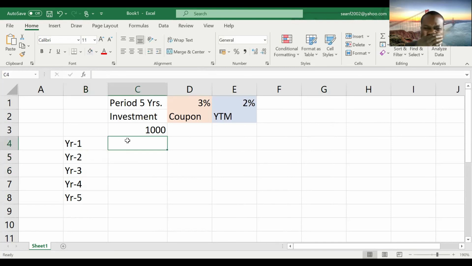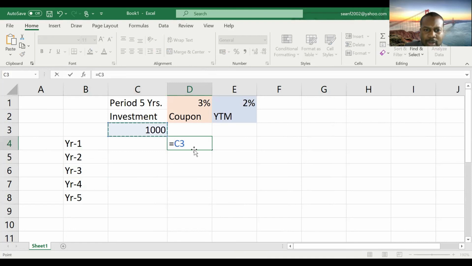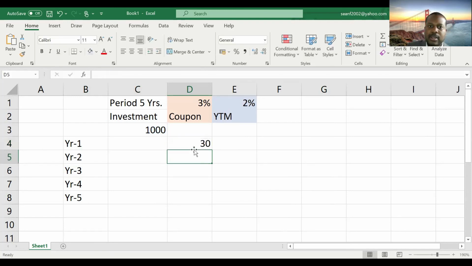So let's mess around with the figures so we can understand. 1,000 times 0.03 is 30. And we can do that 5 times.